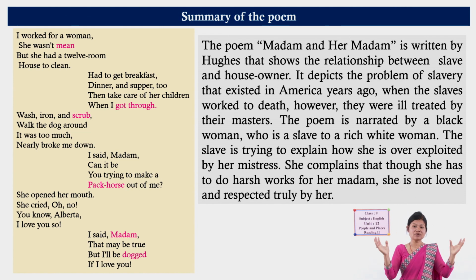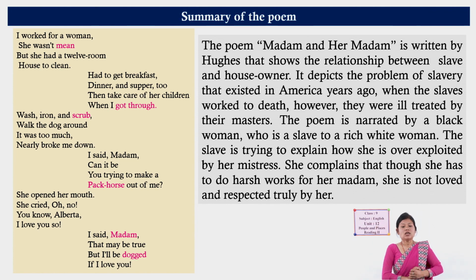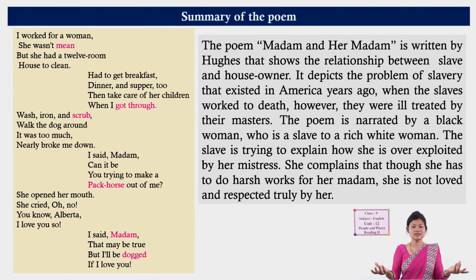There was a big discrimination between black people and white people years ago in America. So, the slave is trying to explain how she is overexploited by her mistress. She complains that though she has to do harsh work for her madam, she is not loved and respected truly by her. She has to do harsh work within a day, as we described while explaining the poem.